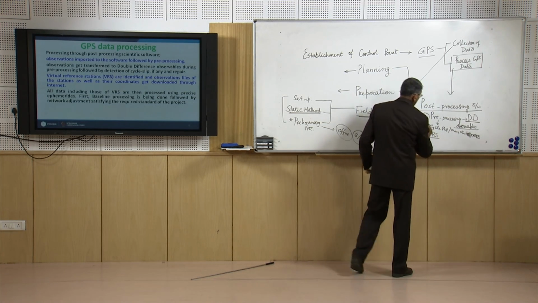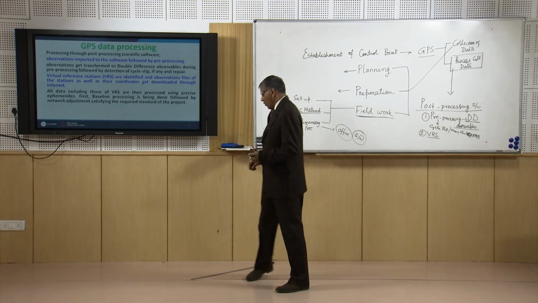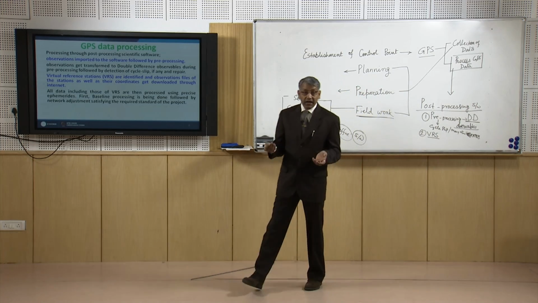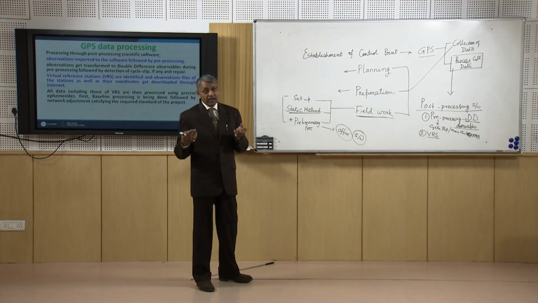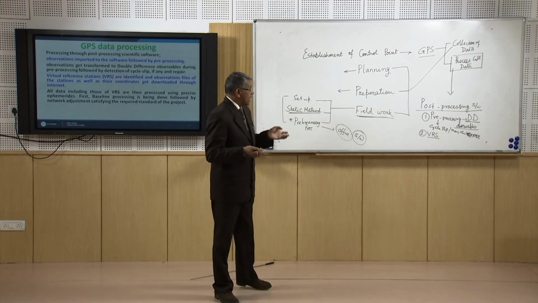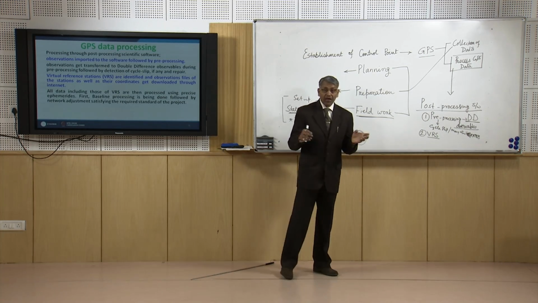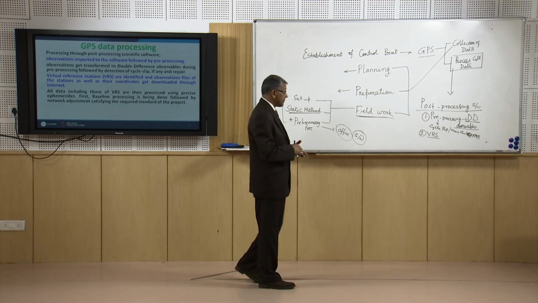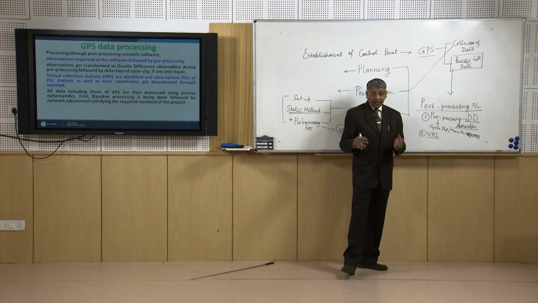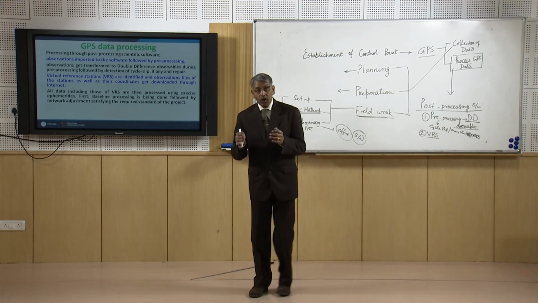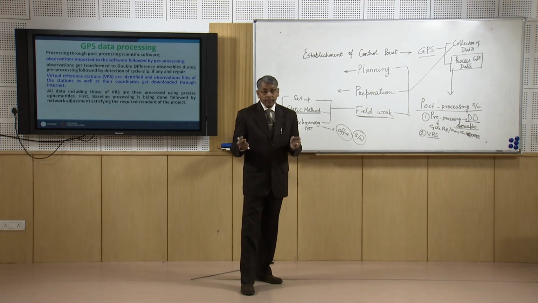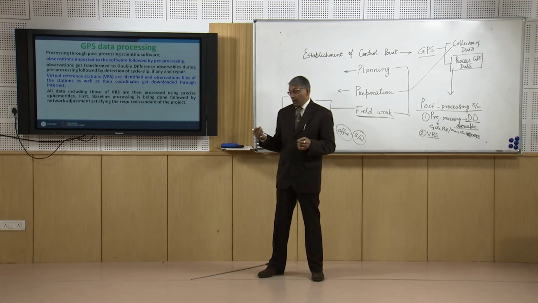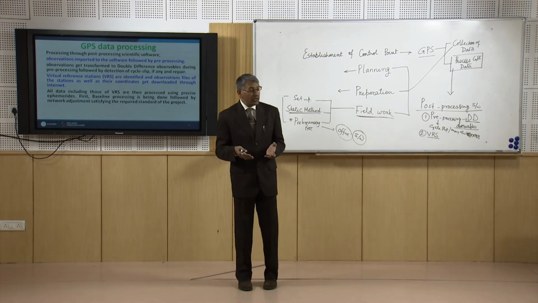Now what is a virtual reference station? These are stations available on the internet, generally IGS stations, where GPS observation has already been taken by some organizations and the data is available on the internet. We have to identify stations all around the world near where we have taken our observation, where some people are already taking observations in the same duration.